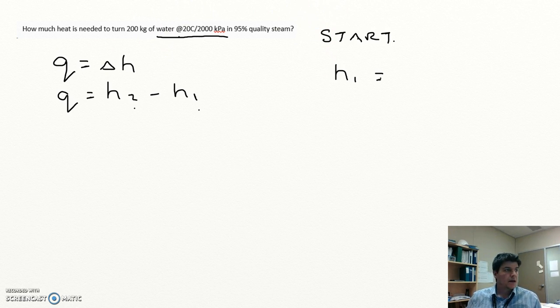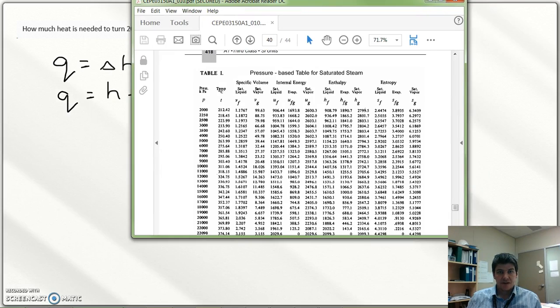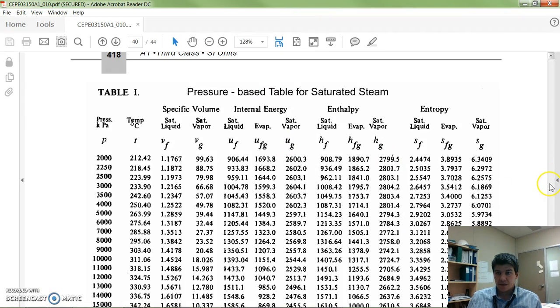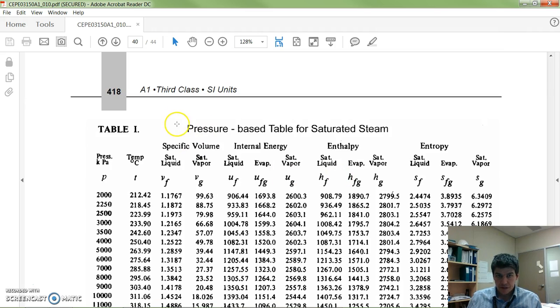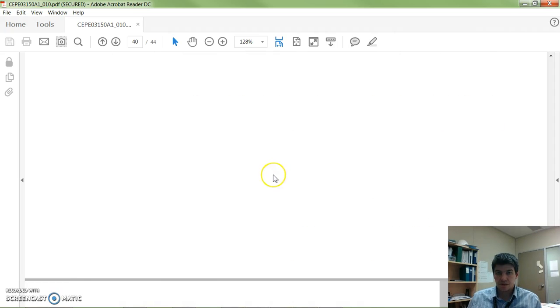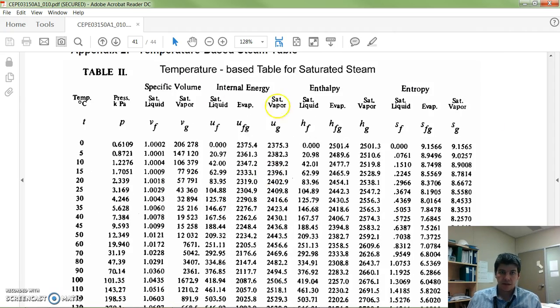And so when I think about where I'm going to find my values, I'm going to bring up my steam table here. I have two choices. One is to use my pressure-based steam table, saturated region. But what I want to use in this case is my saturated steam temperature table. So I come here and I look at 20 degrees and scroll across.